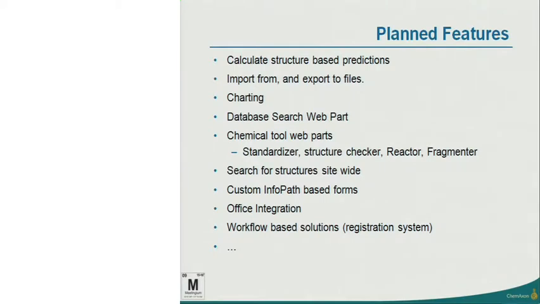We also plan to have simple database search web parts where you will be able to search JChem cartridge or JChem-based databases. Other chemical tool web parts may be standardizer, structure checker, reactor, fragmenter, and maybe other tools in the future, too.